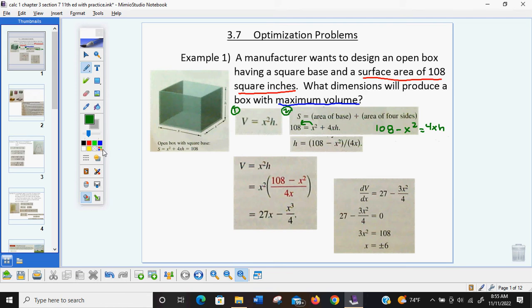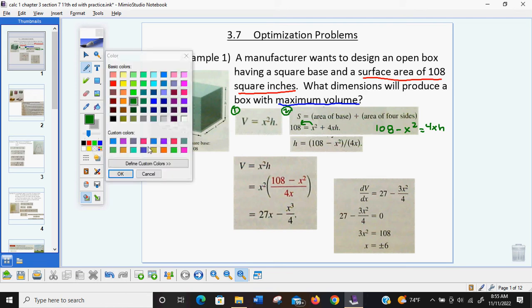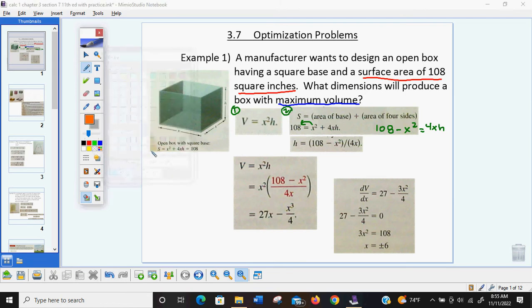Now, I want to get H by itself, because I'm going to use it to substitute in just a minute. That means I have to divide by 4X. So I'm going to divide this by 4X. Then we get H equals 108 minus X squared over 4X.